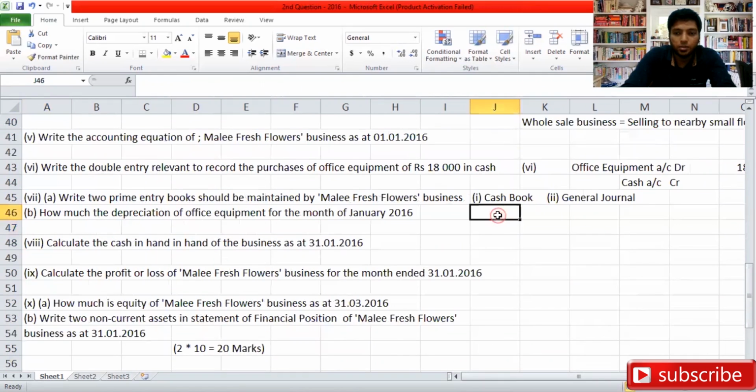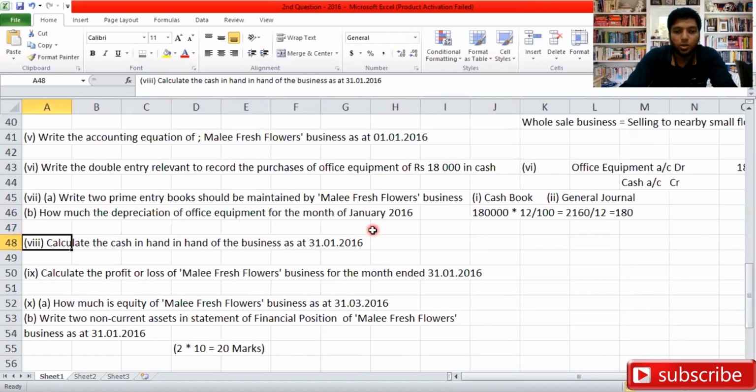I can write here: 80,000 is the amount you purchased, into 12 over 100, which will give you 2,160. Now you need to divide it by 12, because they are asking for the month of January, which is 1 month. So you need to divide it by 12. This is the way you find out the depreciation.